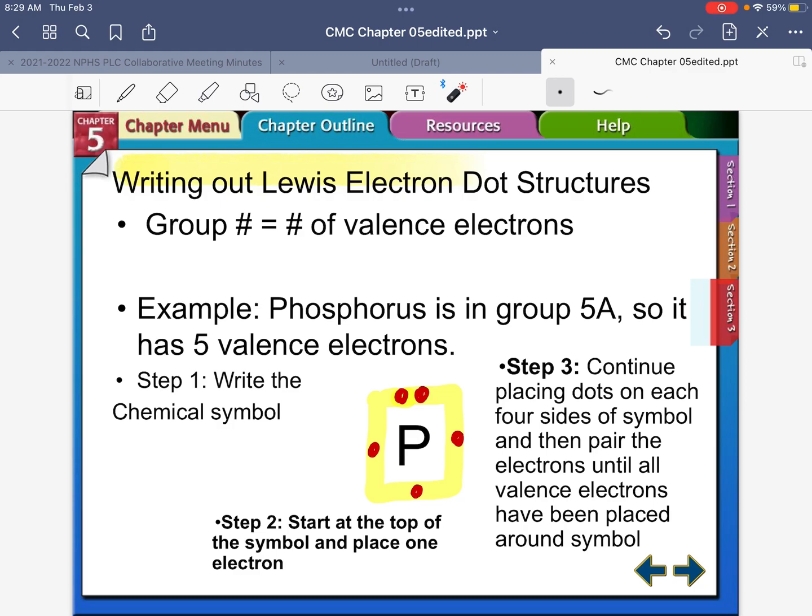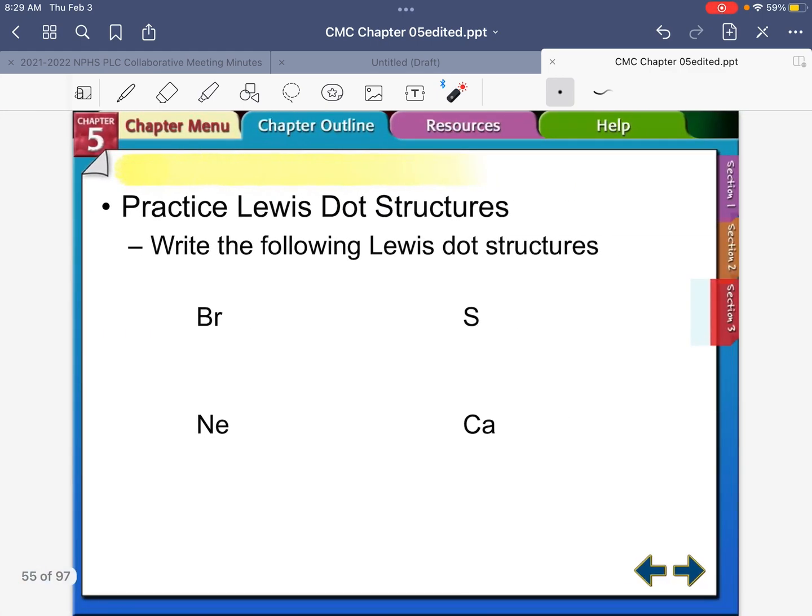All right, so if we look here at our examples, we have bromine first. Bromine is in fluorine's group, so that means it has 7 valence electrons. I'm going to imagine that there's a box around it, so I'm going to say 1, 2, 3, 4, 5, 6, 7. 7 valence electrons.